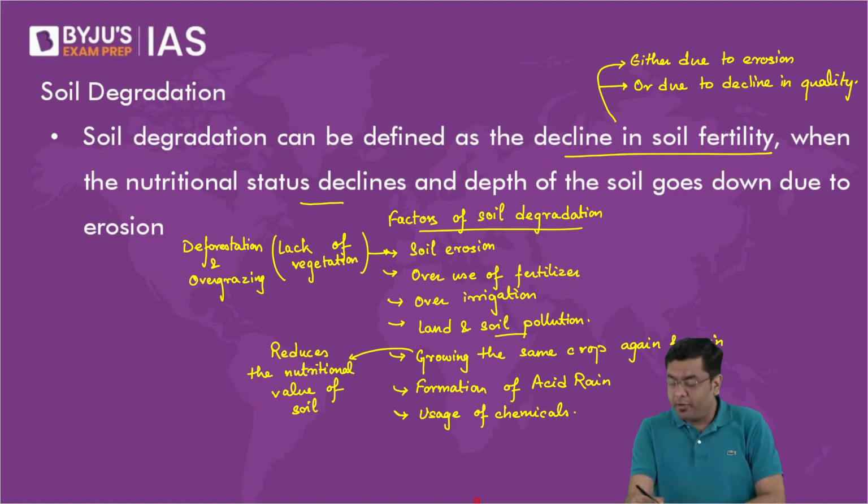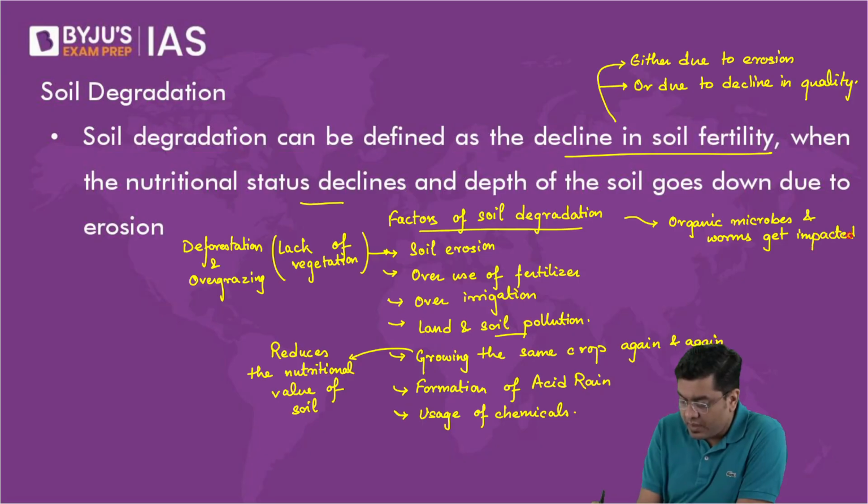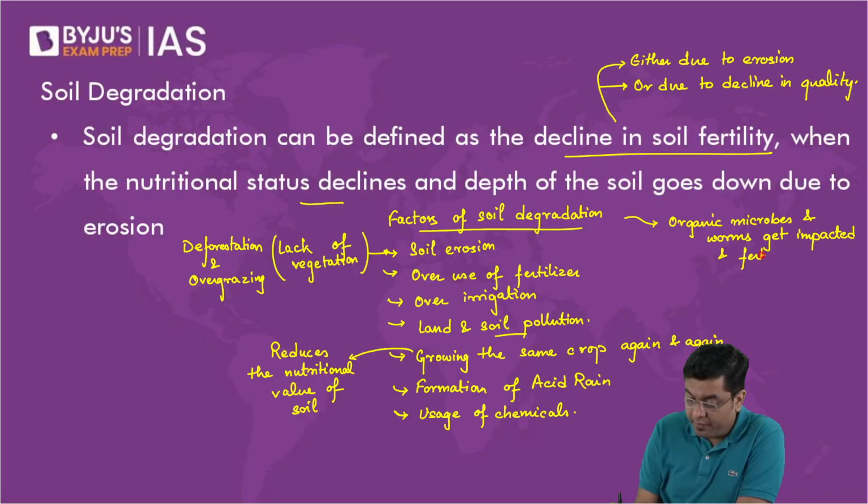As a result of this, organic microbes and worms get impacted, and population or rather fertility reduces.